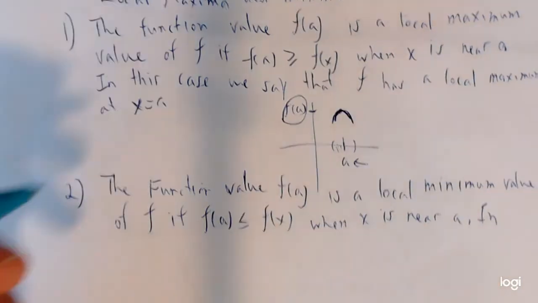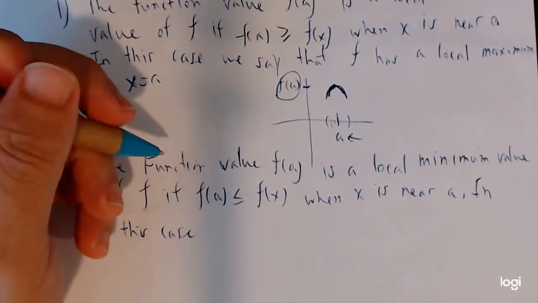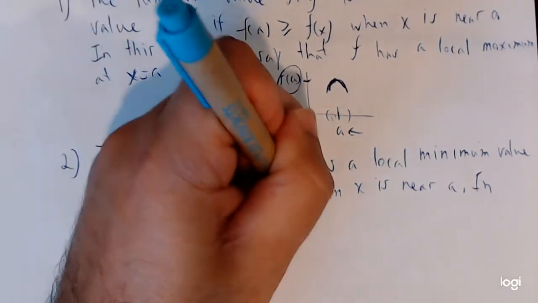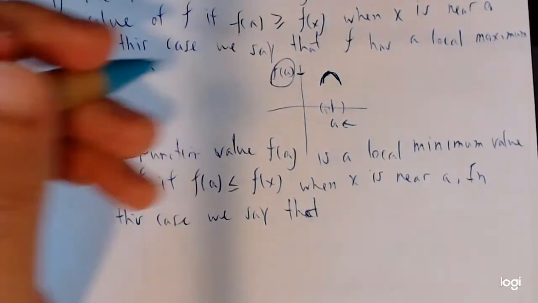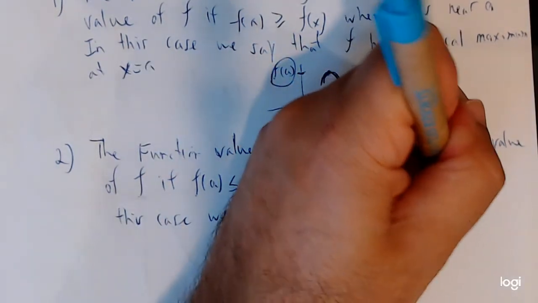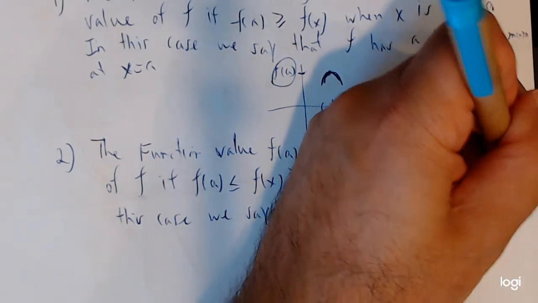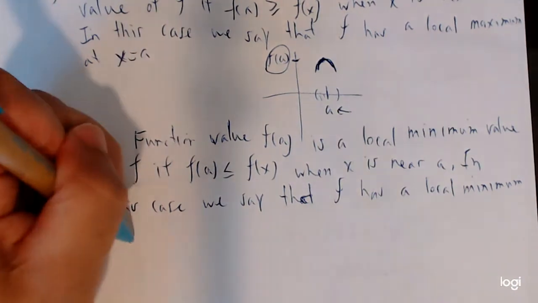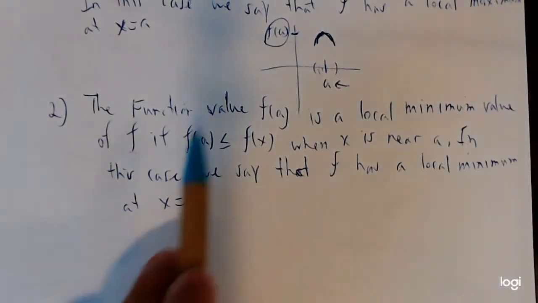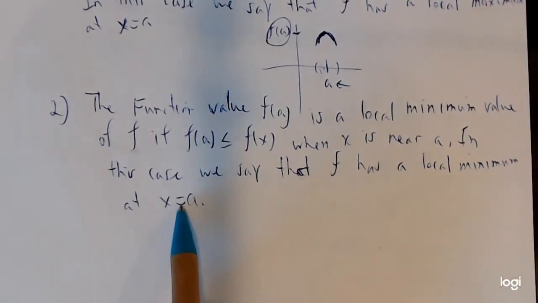In this case, we say that f has a local minimum at x equals a. So once again, the minimum value is f of a, and the location of the local minimum occurs at the x value.